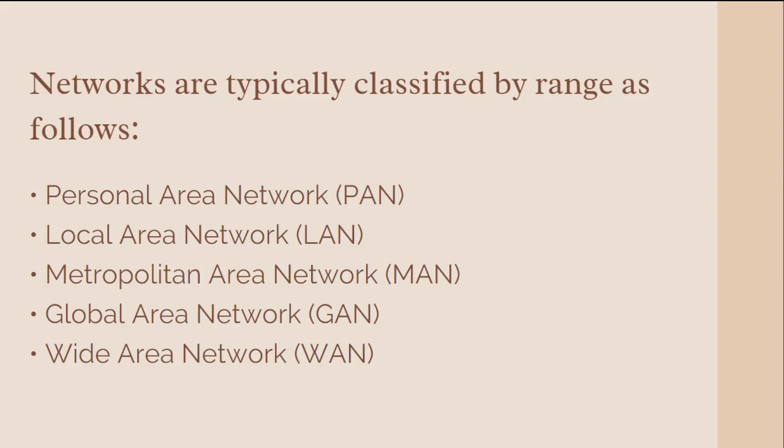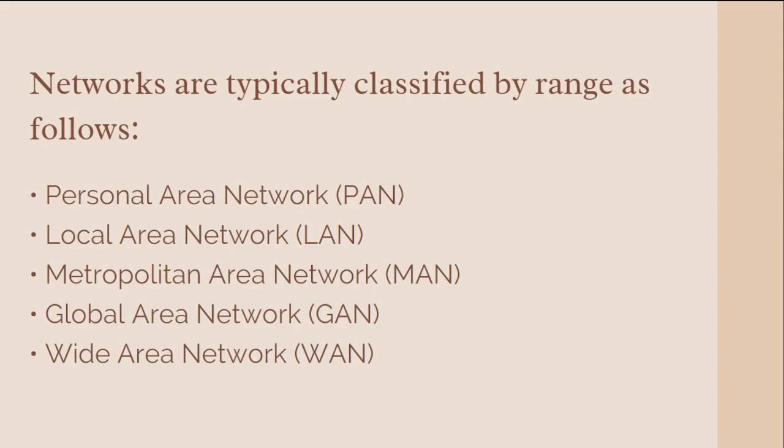Networks are typically classified by range as follows. Personal Area Network, or PAN. A personal area network is a type of computer network that is used for personal and local purposes.